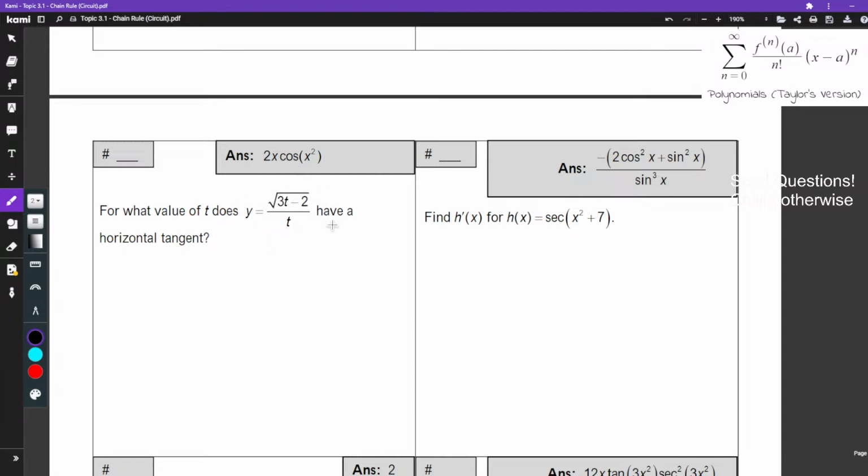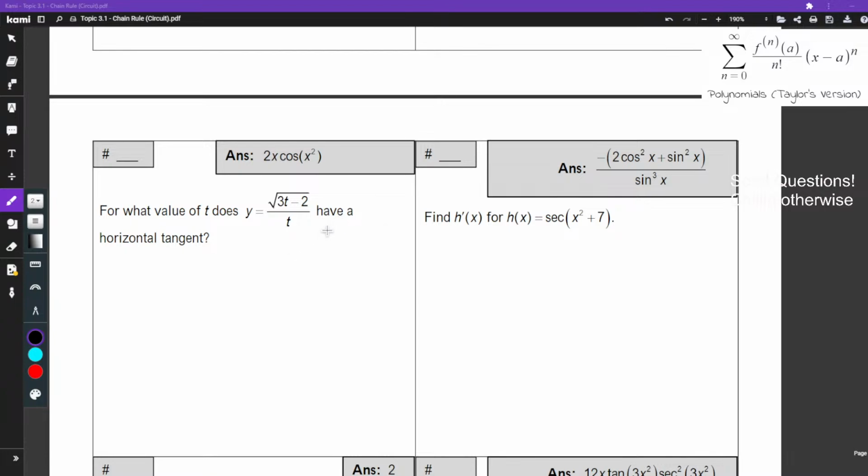It would be easy if this was just t. So we have to use the quotient rule here, because it's this divided by this. So we have low d high, high d low.